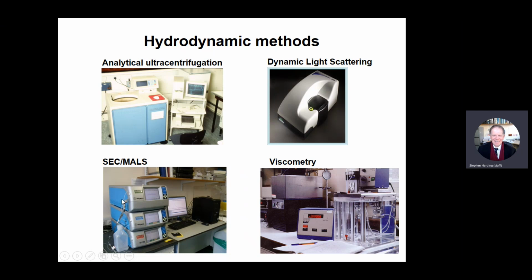So as the column separates the molecules in the solution, it goes through sequentially the light scattering detector. So you get the light scattering signal as a function of angle and concentration, from which you get the molecular weight of each molecular species going through, with the largest molecules coming through first.